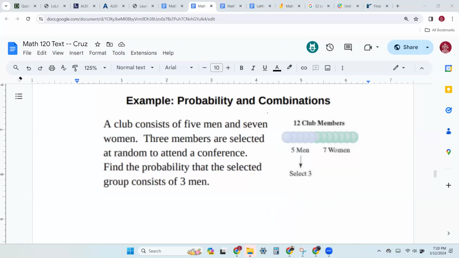And the reason why this one is combinations is because we're not going to have to worry about any order here. And this is the way it goes. It says a club consists of 5 women and 7 men, 12 club members. 3 are selected at random to attend a conference. Find the probability that the selected group consists of 3 men.